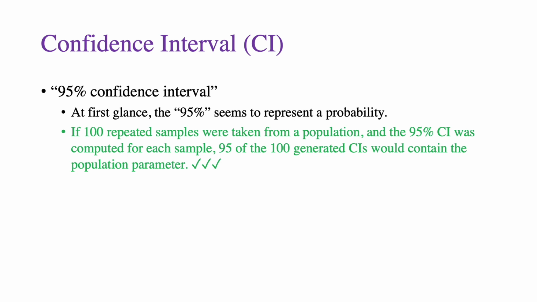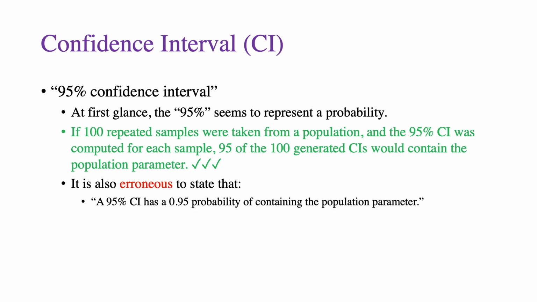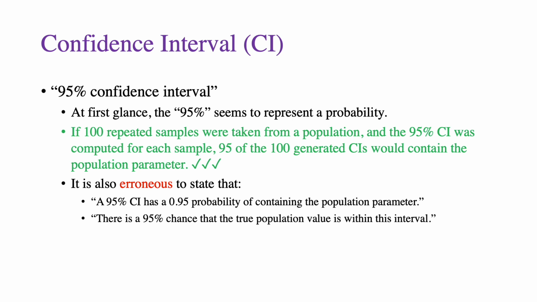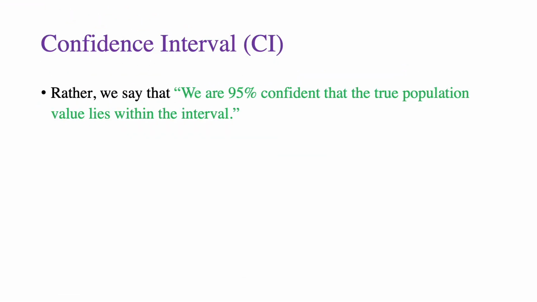Now, that being said, it's wrong to say that the 95% represents a probability. As I mentioned earlier, it does not represent a probability, nor any particular chance. So it's wrong to say there's a 95% chance that the true population value lies within this interval. Rather, we say that we are 95% confident that the true population value lies within the interval.